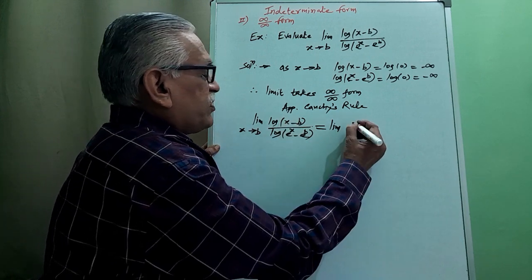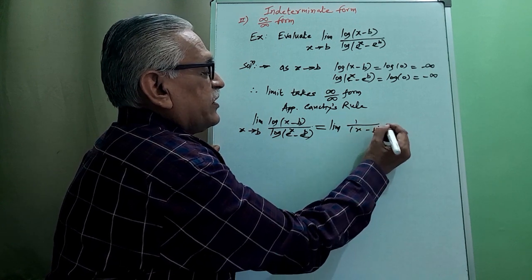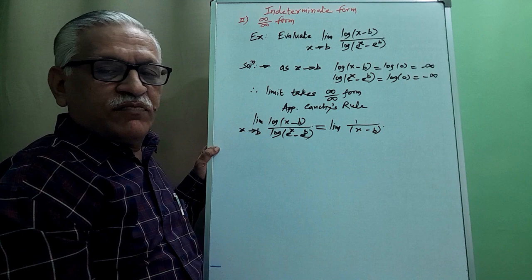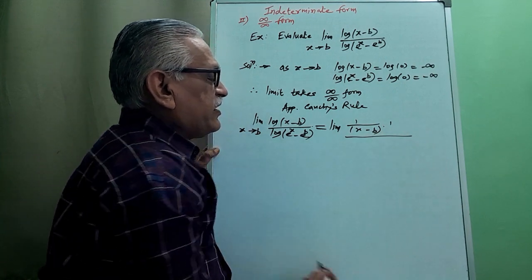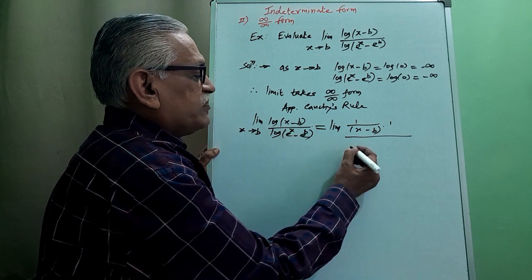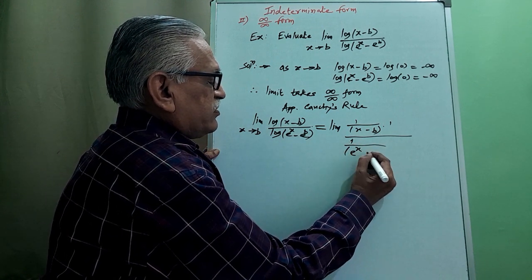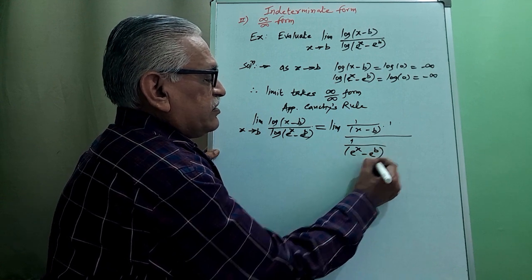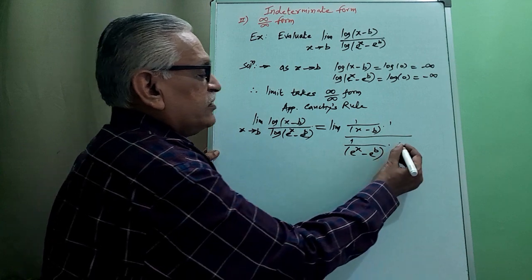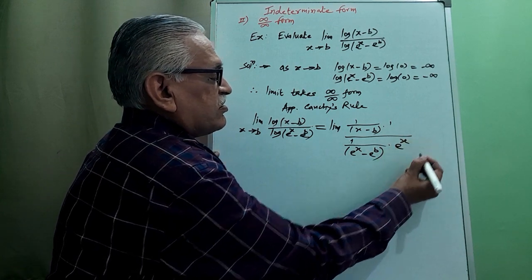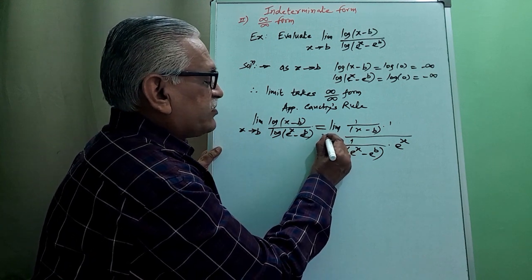Differentiation of log is 1 upon (x minus b), and by the chain rule, differentiation of x minus b with respect to x is 1, and the whole is divided by the differentiation of the log term, which is 1 upon (e raised to x minus e raised to b), and by the chain rule, differentiation of e raised to x is e raised to x, and differentiation of e raised to b is 0, as x tends to b.